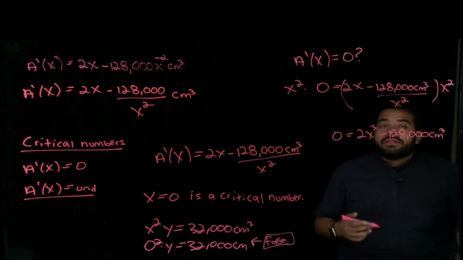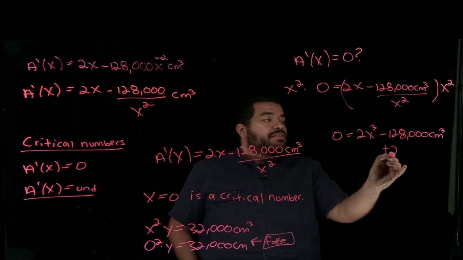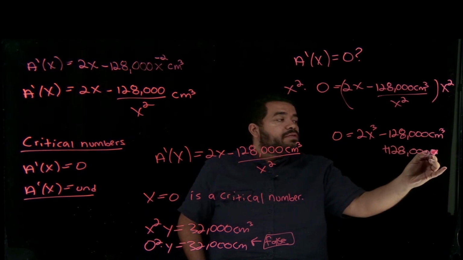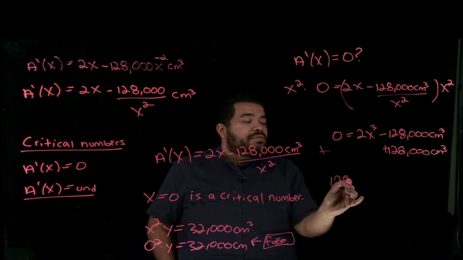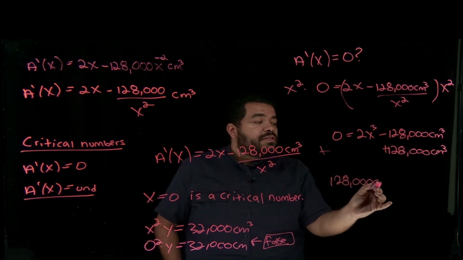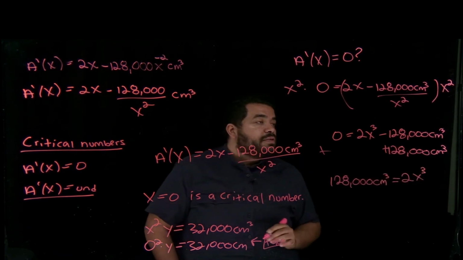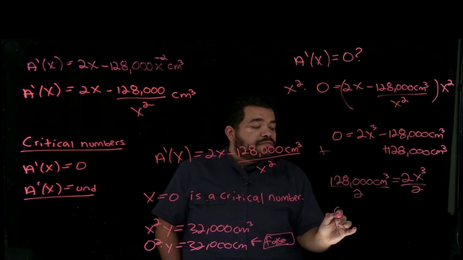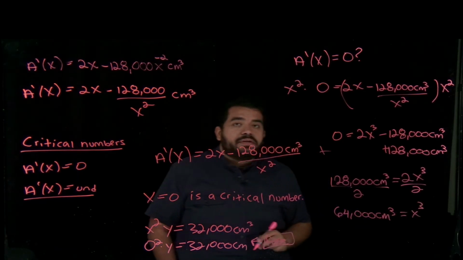Now that we have this, we can go ahead and solve for x. So what I will do first is add 128,000 to both sides, and we end up with 128,000, that is now positive, cm cubed equals 2x to the third power. Divide both sides by 2 to isolate your x, and now we have 64,000 cm cubed equals x to the third power.